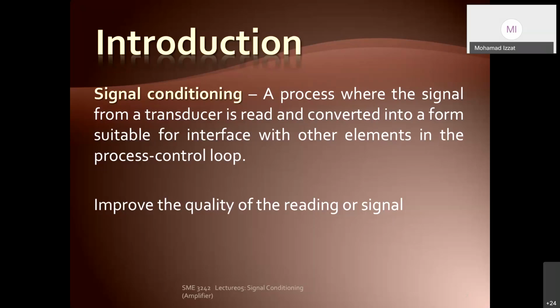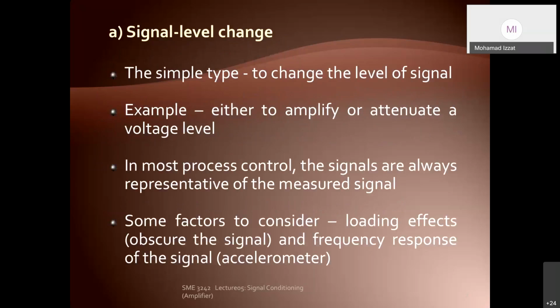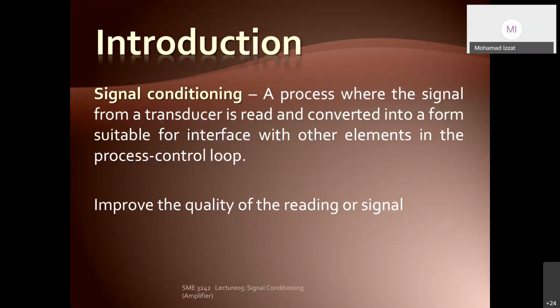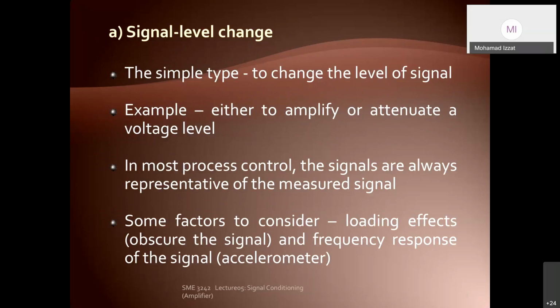Alright, so here also they said to improve the quality of the reading signal, of course. Sebab signal conditioning ni tengok ada macam-macam jenis. Okay. Dekat sini number A kat sini is signal level change. Alright, so one of the function of signal conditioning system adalah signal level change.